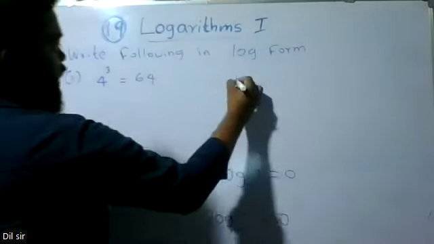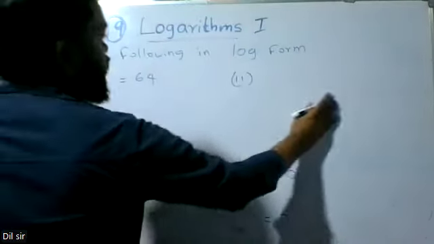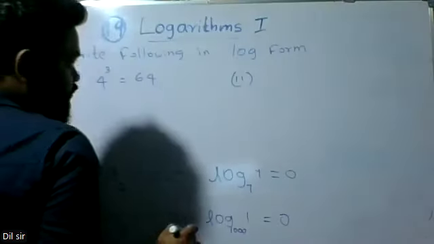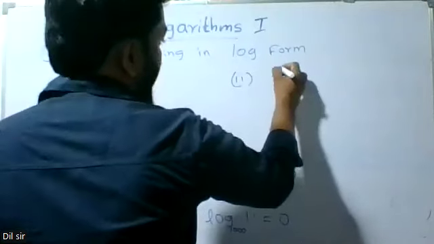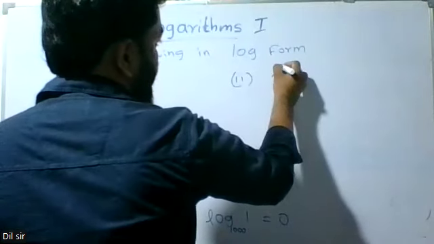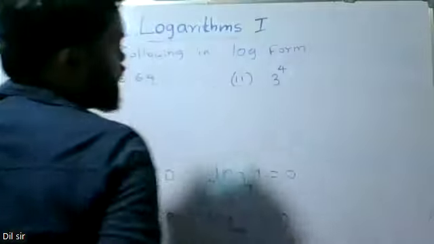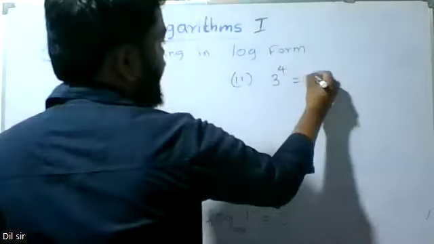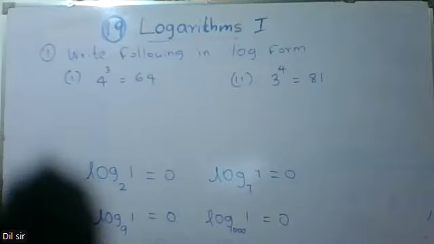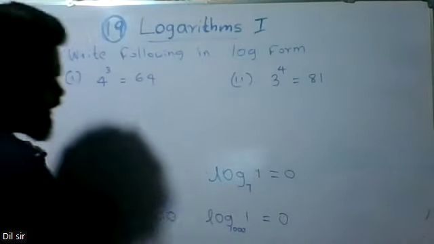Second: 3 to the power 4 equals 81. Write this in log form.